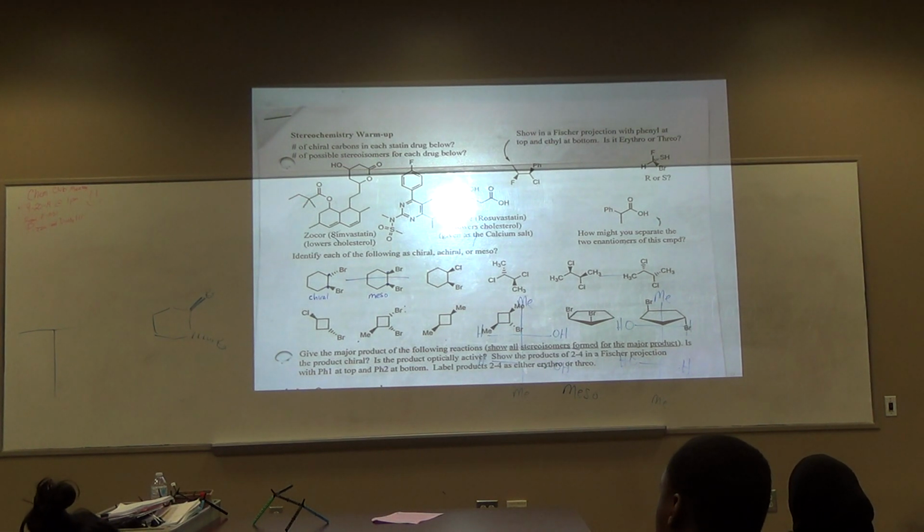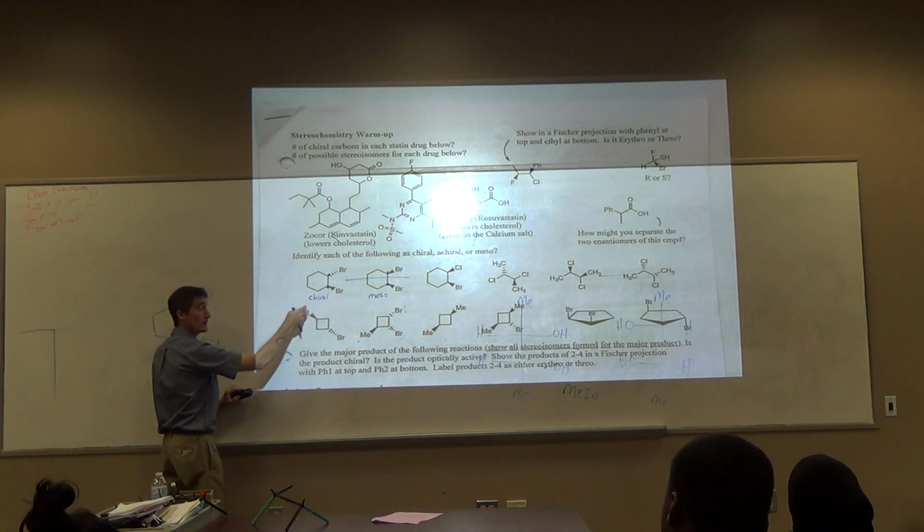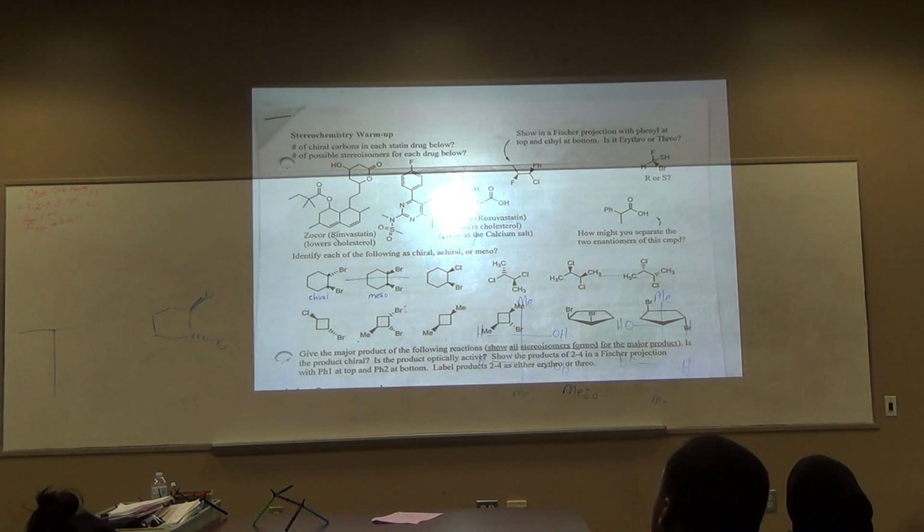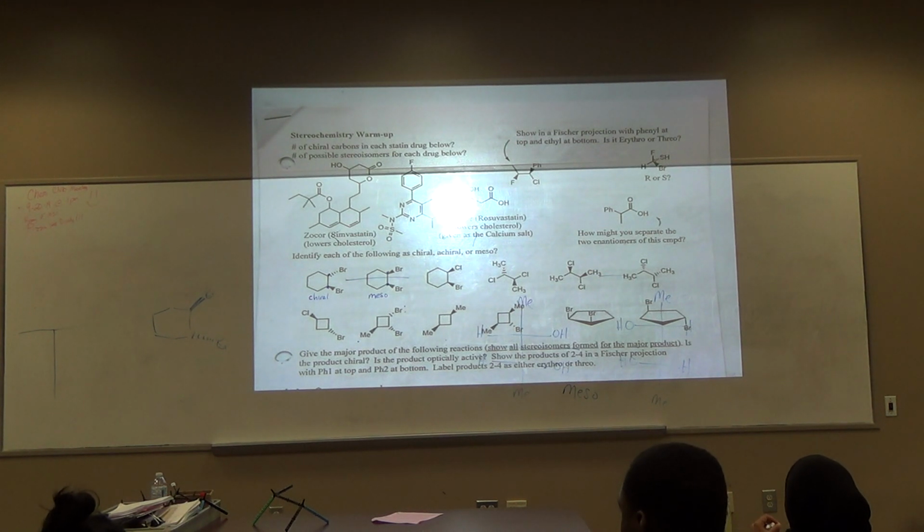Are these two the same or different? Well, since we called it chiral, that means the mirror image is different. Will those superimpose? They should not. Those two are just like these two. They're mirror images. You will not be able to superimpose them. I'm not going to show you that every time, but this is the lingo.